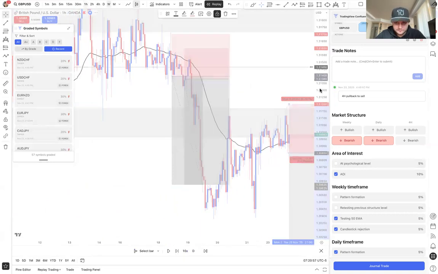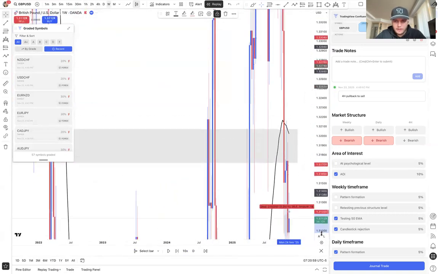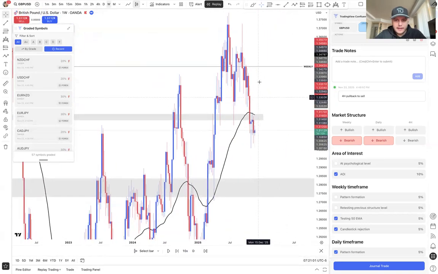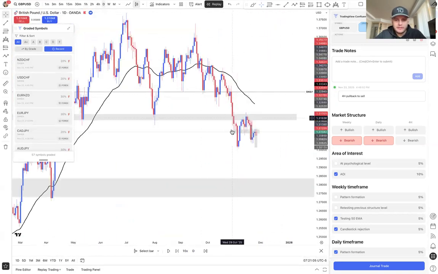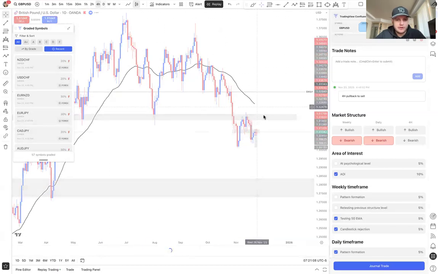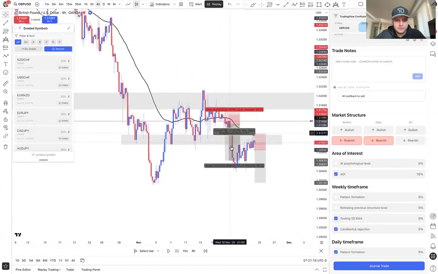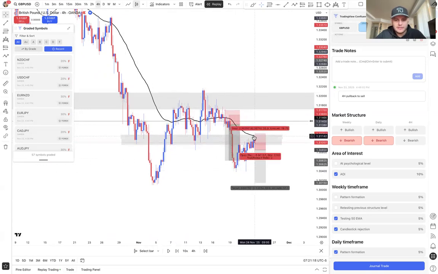So in general, we had the weekly time frame, which was bearish. We had the daily time frame, which was bearish, and the 4-hour time frame, which was also bearish. So we had a lower low reaction from the daily area of interest. We pushed down, and then we pulled back into this EMA, right?